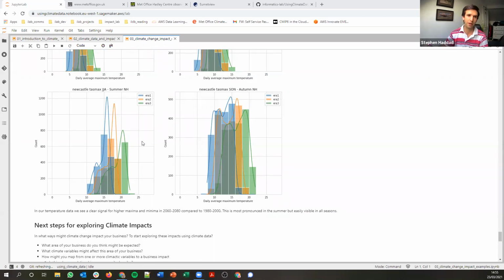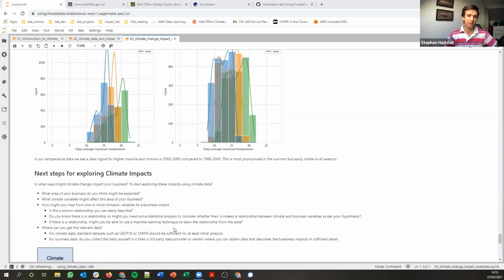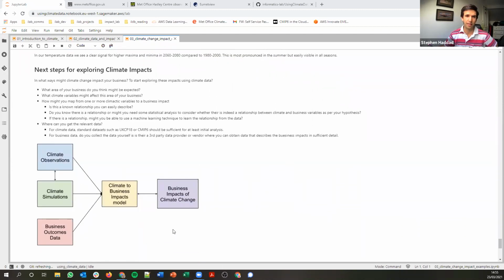Well, you might want to think about what areas of your business you think might be affected by climate change. And you might think what climate variables might affect this area of your business? And then how do you translate climate variables like temperature or wind or precipitation into a business impact? Is this something you already know, the relationship? We speculated on some of the relationships here that we already know.